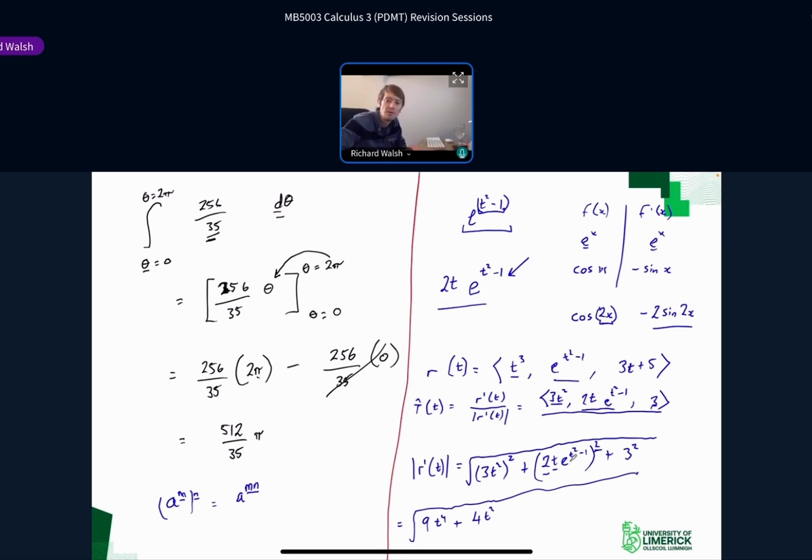So here I have e to the t squared minus 1 as a power, and it's been raised to another power. So I need to multiply the two powers. So I have t squared times 2 is 2t squared. Minus 1 times 2 is minus 2. And then likewise, plus 3 squared is just plus 9.